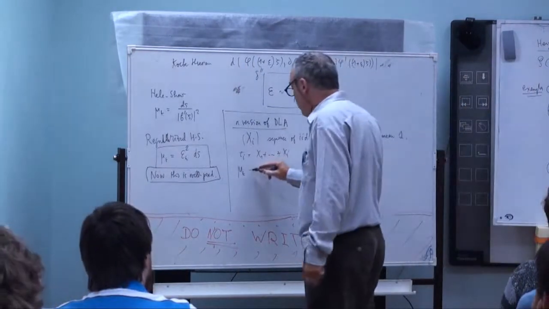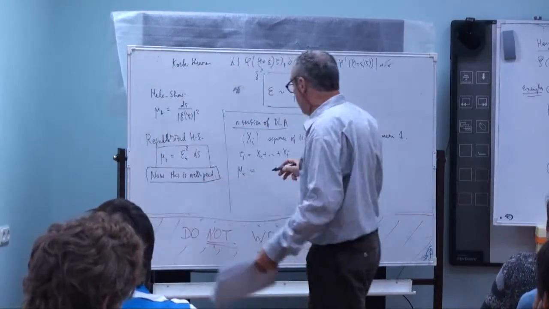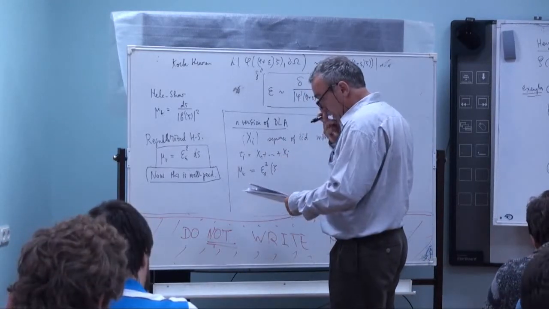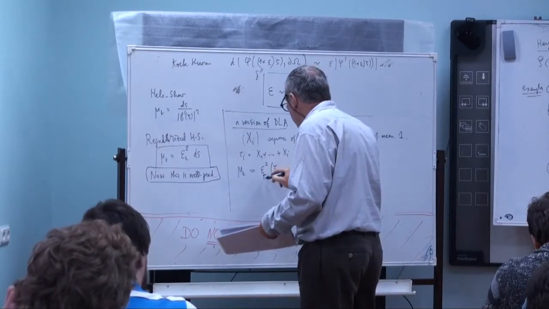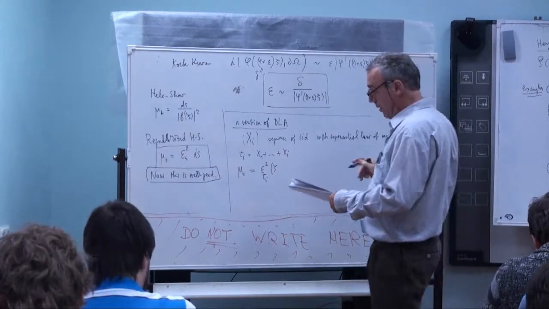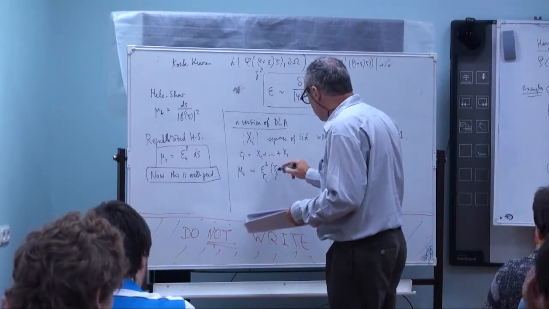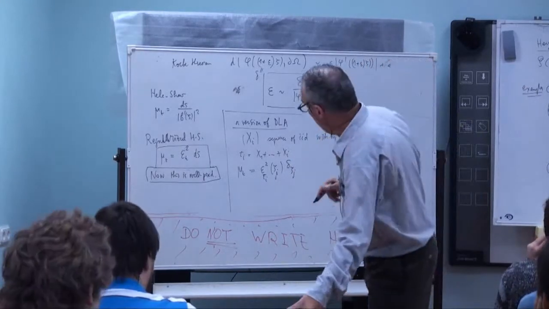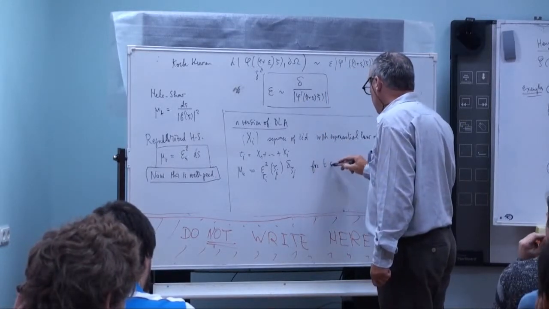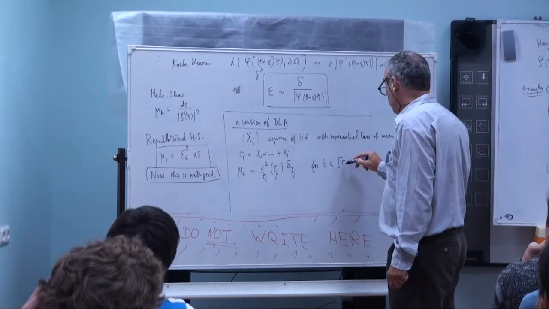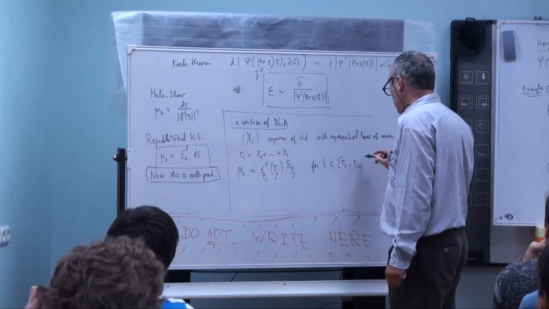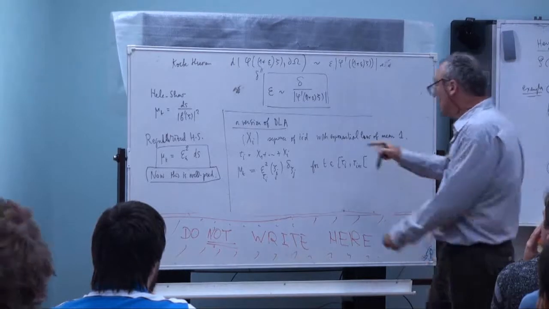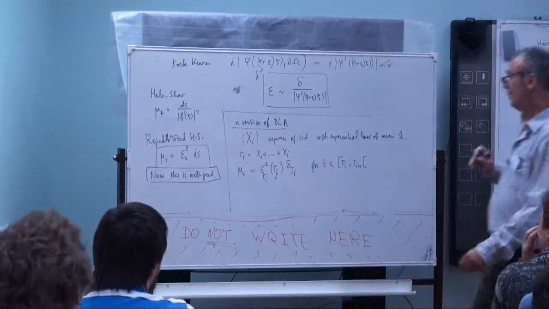I define mu_t as being epsilon_{tau_i} squared of zeta_i, the Dirac mass at zeta_i, for t in the interval tau_i, tau_{i+1}.